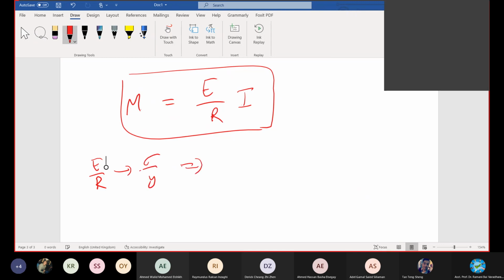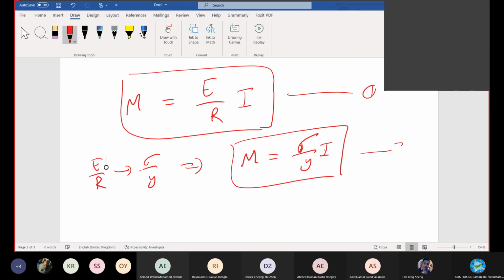I will have the equation M is equal to sigma over y times I. Please correct me if I'm wrong. We got another equation in terms of I and stress. This is what we wanted, right? Bending stress.